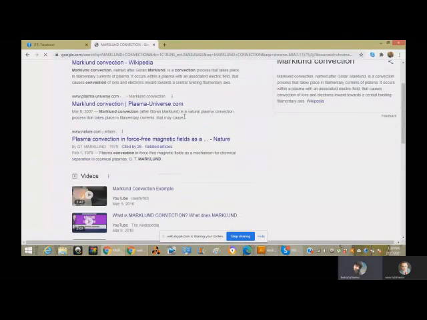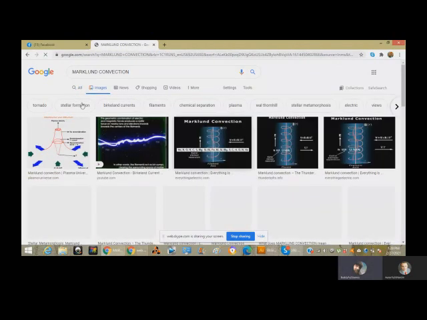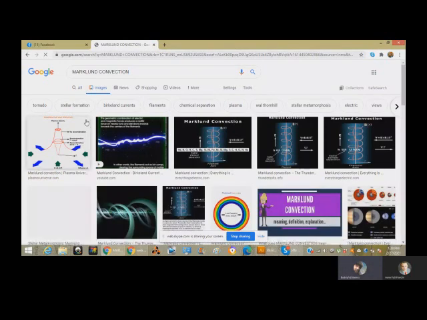Here's images of Markland Convection. I like to go here. Markland Convection is a process that takes place. So it separates the materials.